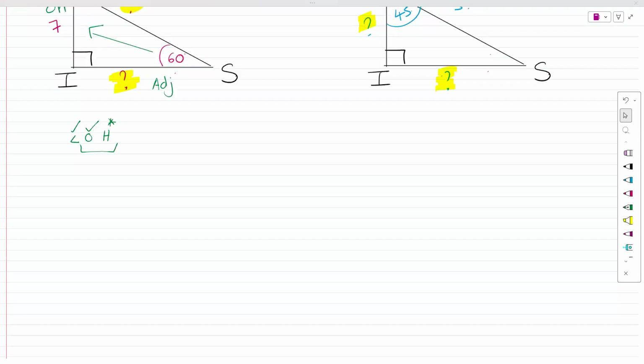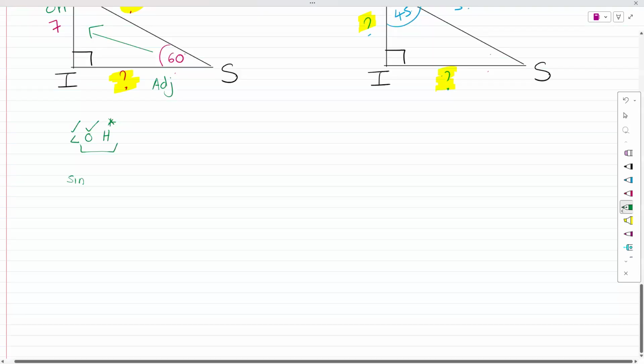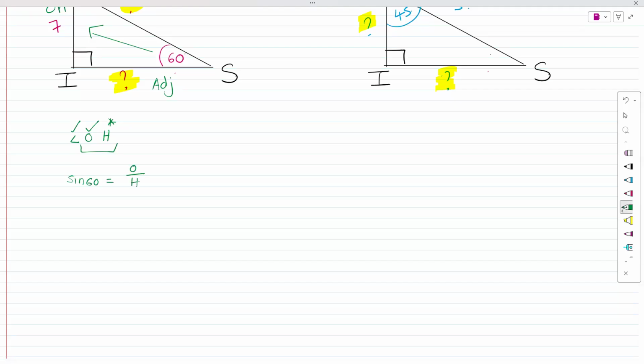Sine equals opposite over hypotenuse. Okay, well done. Sine 60 equals opposite, which is 7 over h. Do you know how to solve for h? I think so. Go for it.